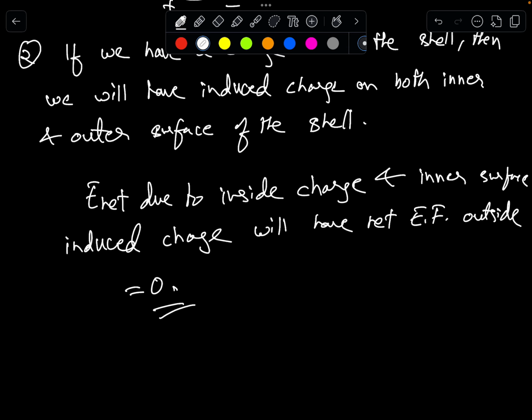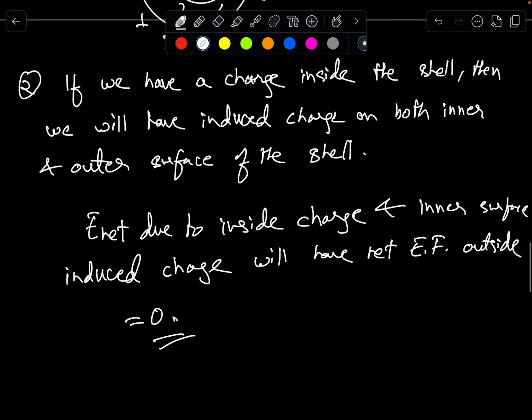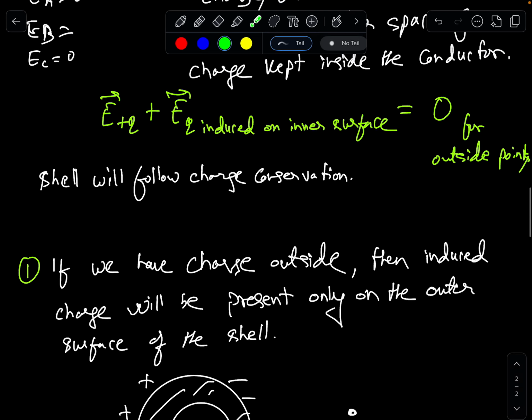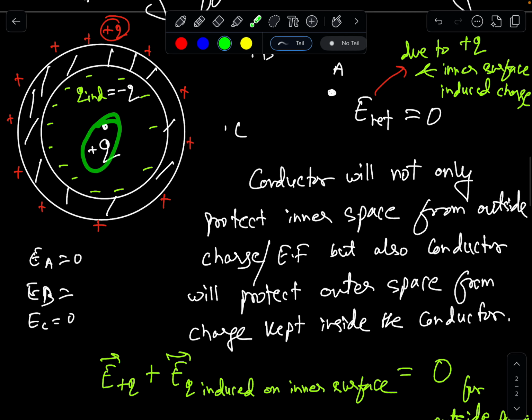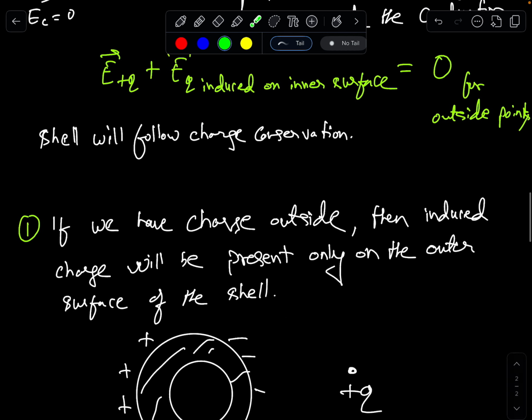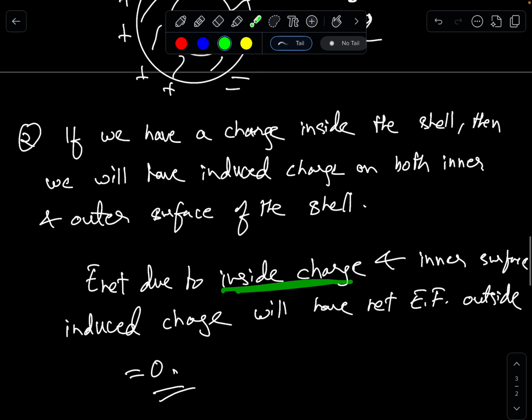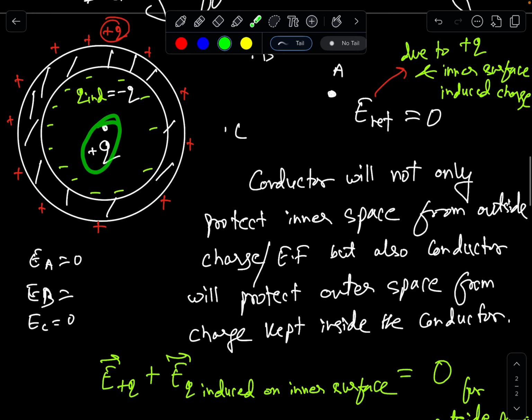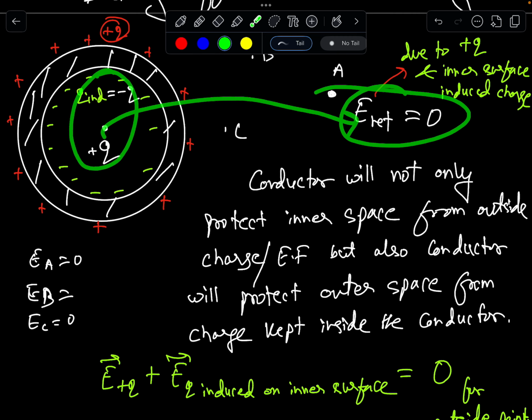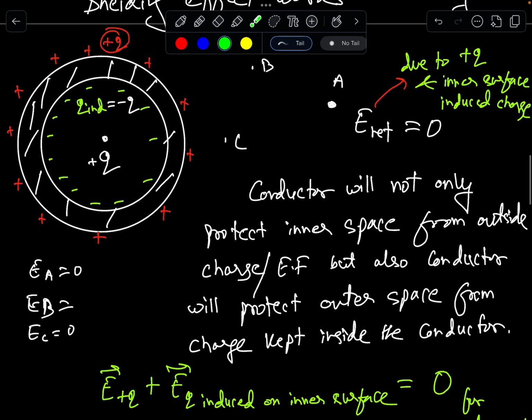The vector sum will be 0. The electric field due to the inside charge, this is the inside charge which was present, and the inner surface induced charge, which is this one, minus q. These two will have a net electric field outside equal to 0.